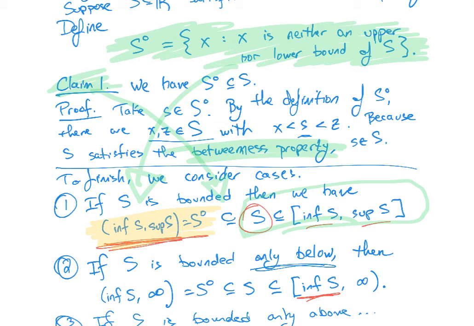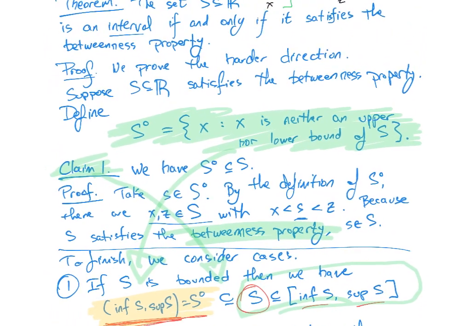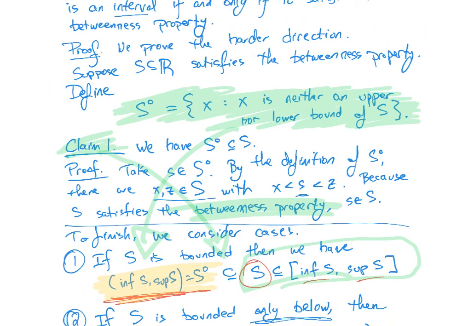Professor, can I ask a question? Of course. If I understand it, we didn't prove that if it is an interval, then it satisfies the betweenness property. We assumed that it satisfied the betweenness property and wound up with these 4 cases, because in any of these 4 cases, you can represent the set in some sort of interval notation. Yes. And we skipped the easier direction, which is you take any of those 9 types of intervals and you show they satisfy the betweenness property.